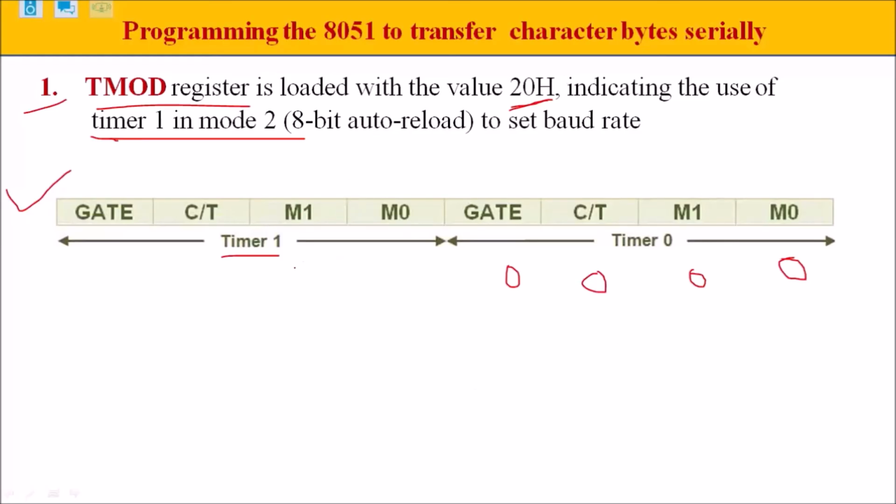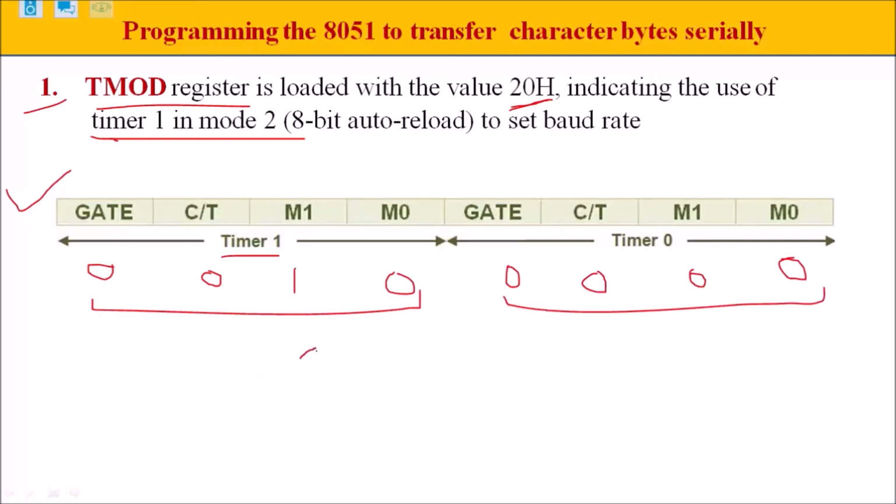We are using mode 2, so here this should be 1, 0 for mode 2 of the timer. We are using timer, so this bit is 0. We are using software instruction, so this bit should be 0. If you convert it into hex, you will get 20H. So to use timer 1 in mode 2, the TMOD register should be initialized with 20H.